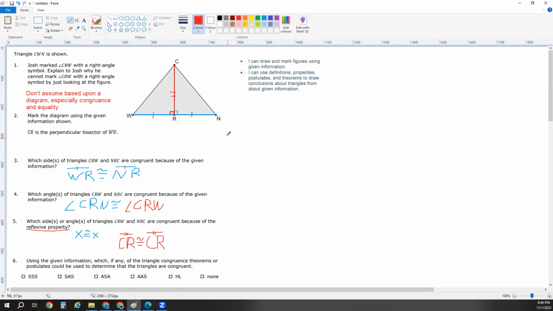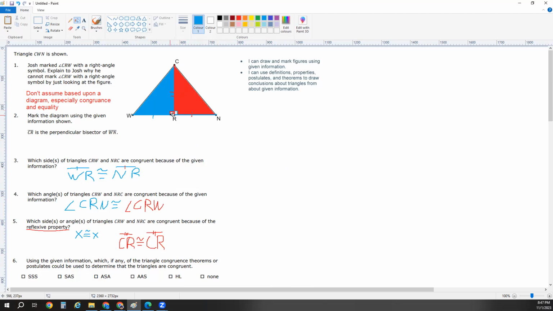All right, so using the information, can I say that triangle CRN, I'll call triangle red, and triangle CRW, triangle blue, are congruent? Using which congruence postulate can you determine the triangles are congruent? Well, I have a common side.